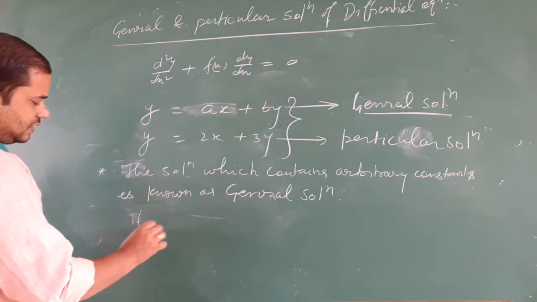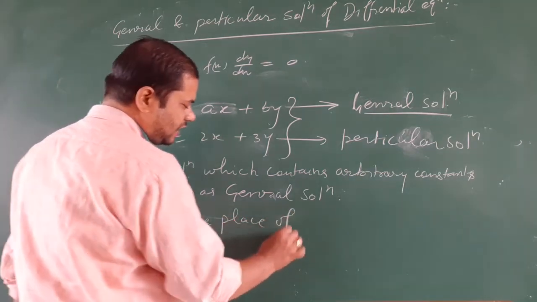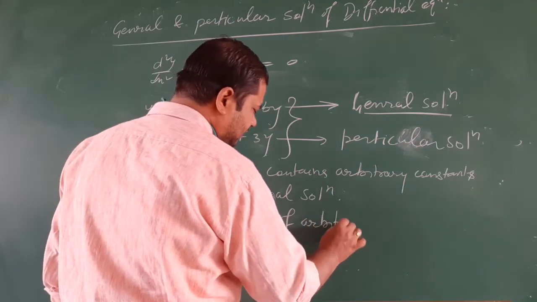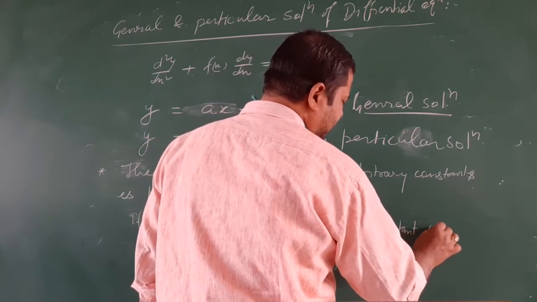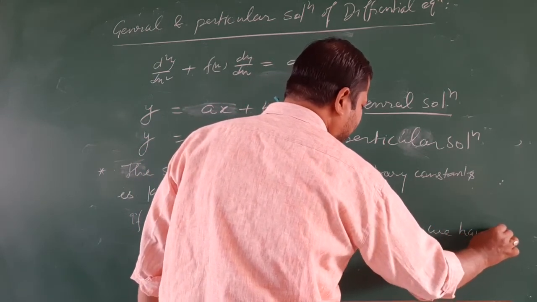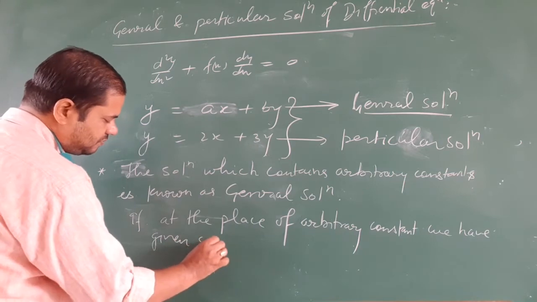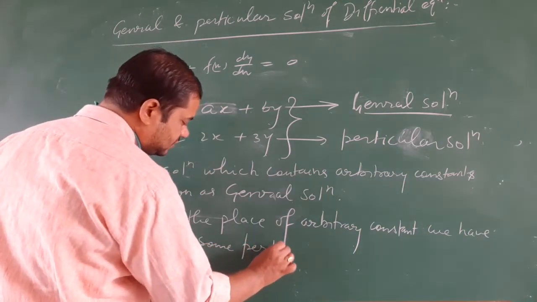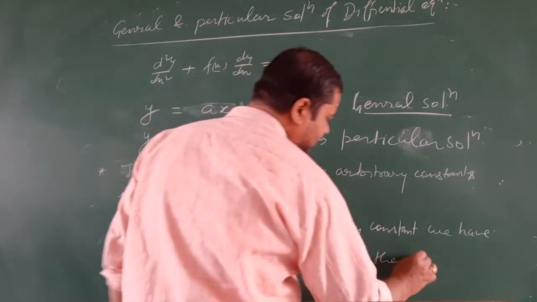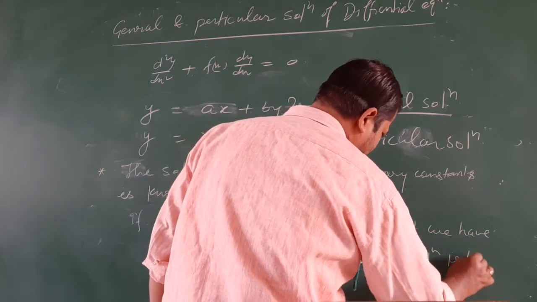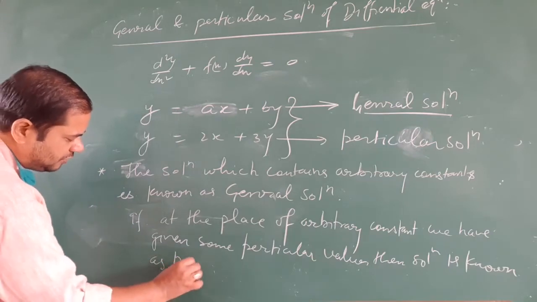If at the place of arbitrary constant we have given some particular values, then the solution is known as particular solution.